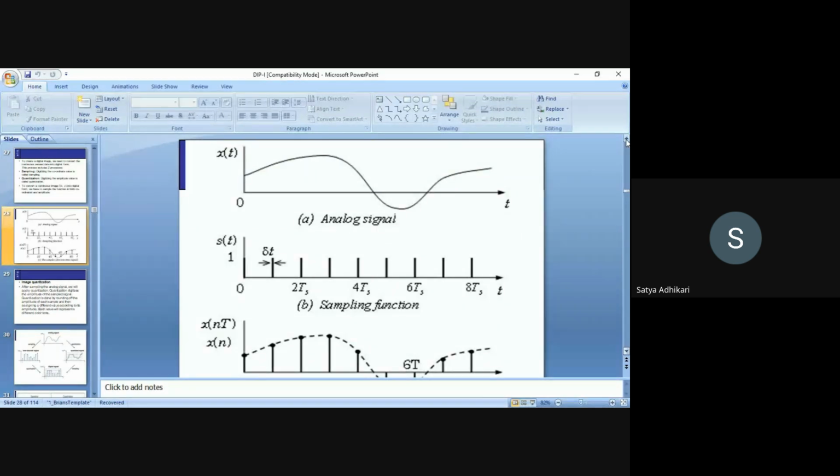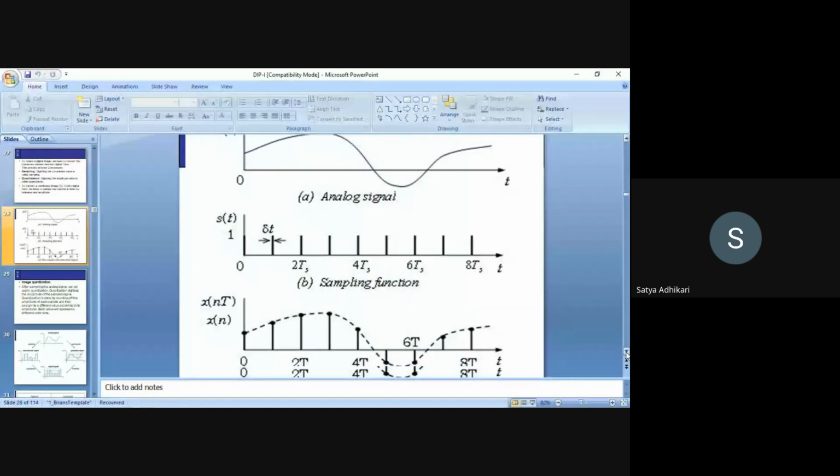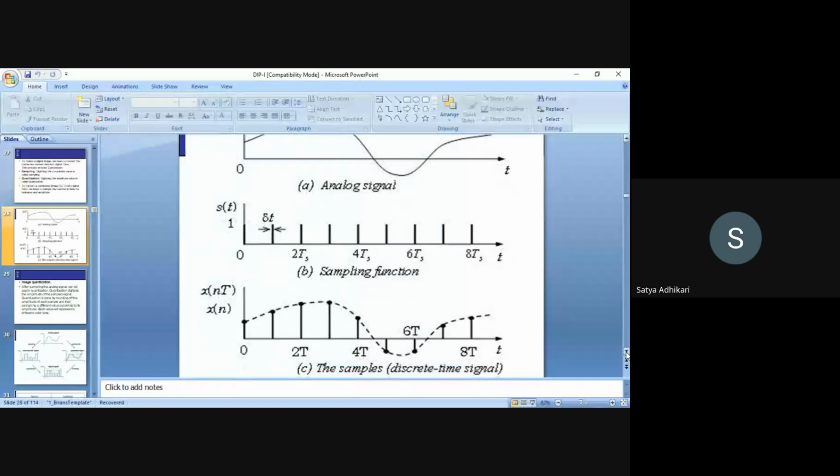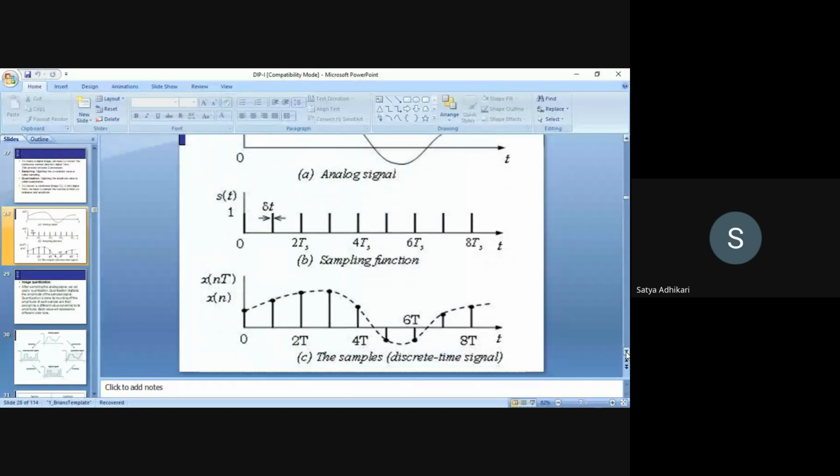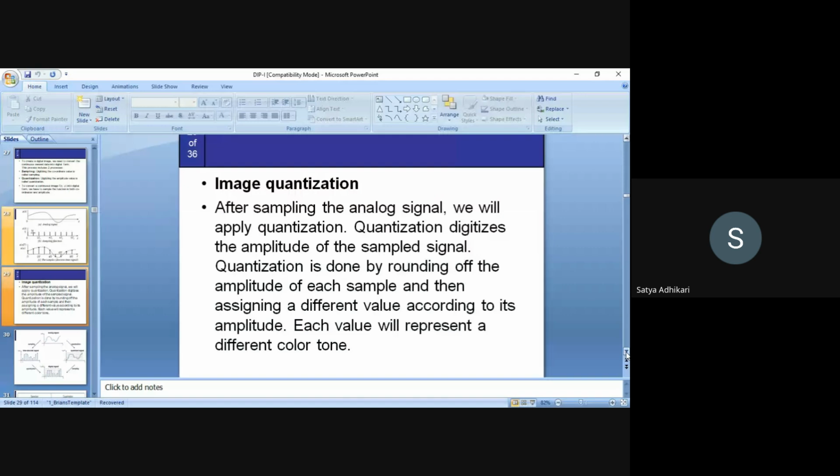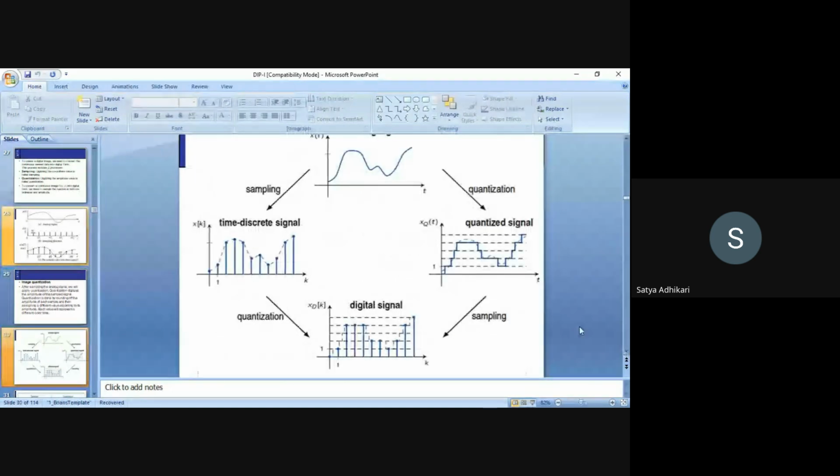We know that the first process is sampling, so that function is used for sampling. And after the two processes, digitization, we get a digital image. You see here.